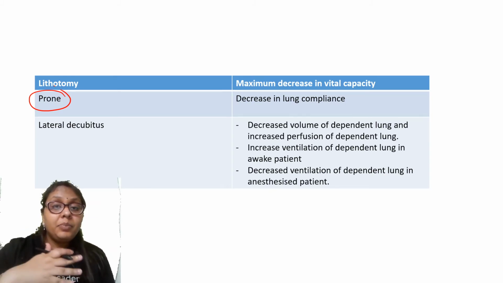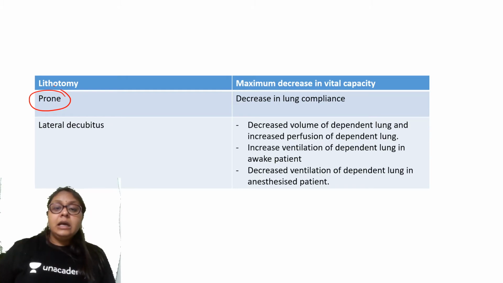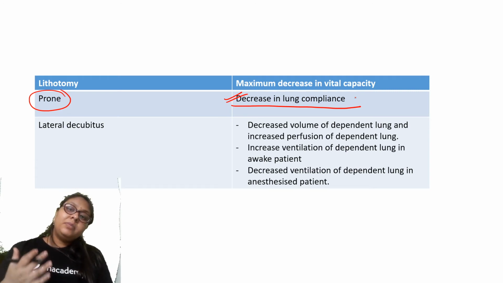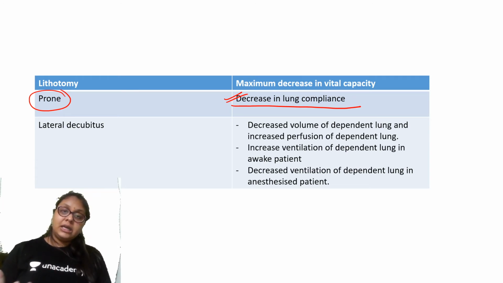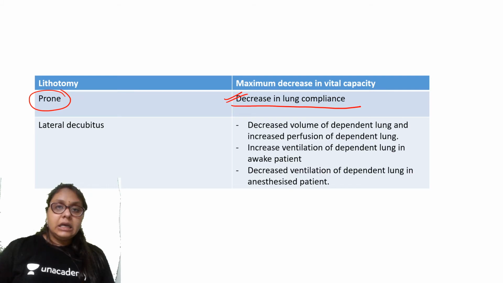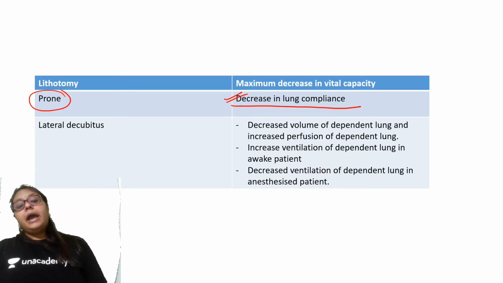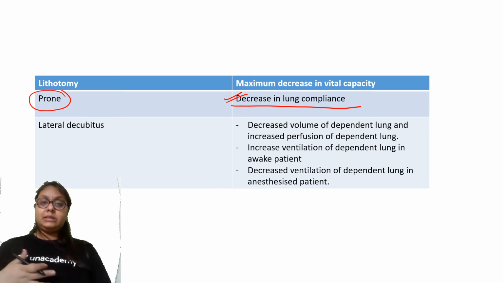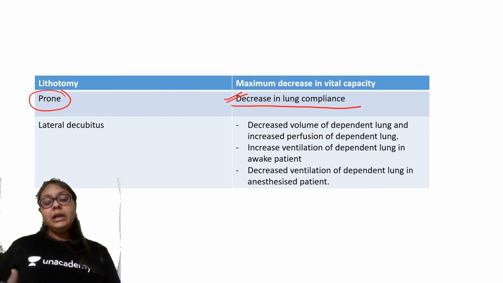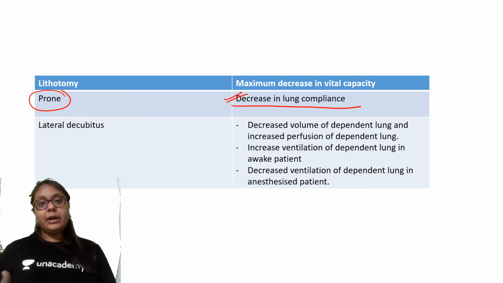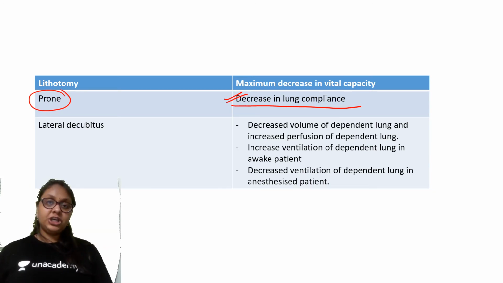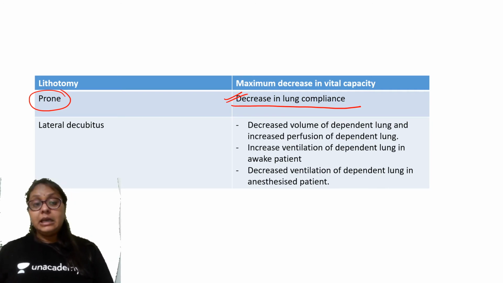The lung compliance will decrease. Remember, whenever the patient is in the prone position, there is decrease in the lung compliance. ठीक है, और इसको हम प्रिवेंट कैसे करते हैं? By placing the appropriate bolsters, so that the chest and abdomen are free, so that there is no decrease in the lung compliance.